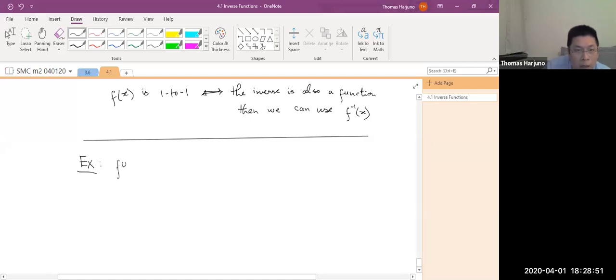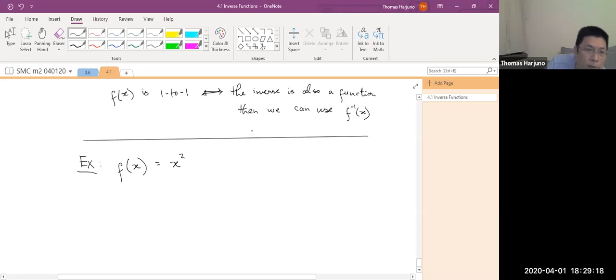Let's say f(x) equals x squared. Now, this is not a one-to-one function. Can we find the inverse? Yes. Is the inverse a function? No.